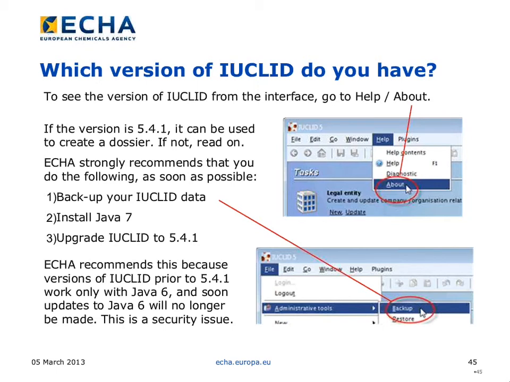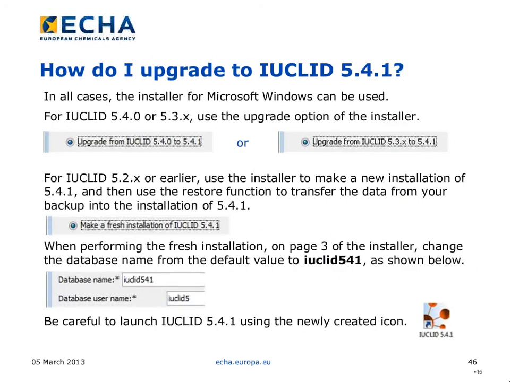We recommend this because versions of IUCLID prior to 5.4.1 work only with Java 6, and soon updates to Java 6 will no longer be made. So this will be a security issue. If your IUCLID version is not 5.4.1, then you can follow these steps to upgrade.